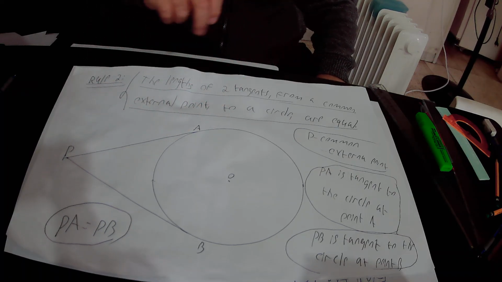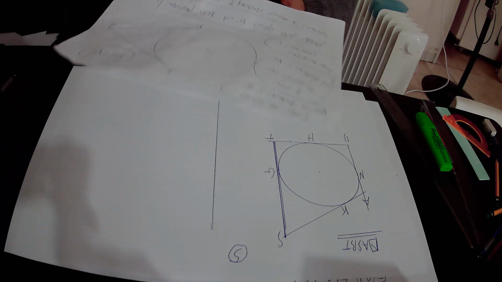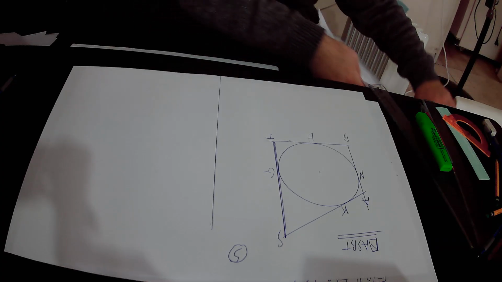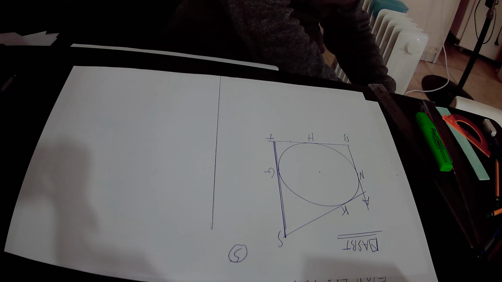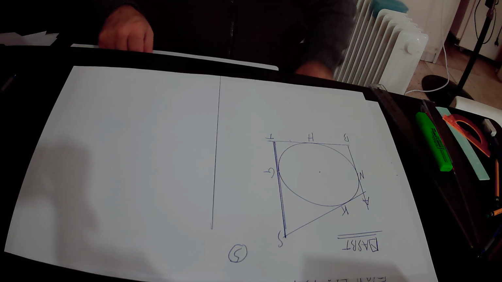That is to say, PA equals PB, or the length of tangent PA equals the length of tangent PB. We can actually implement rule 2 in our drawing. Why?